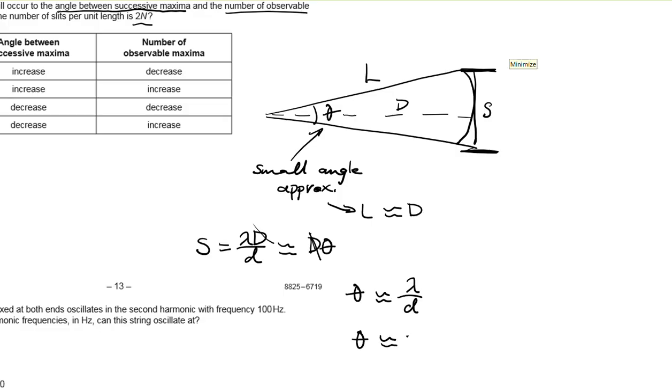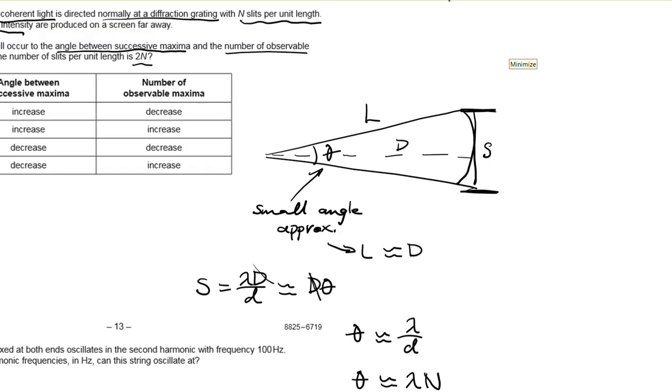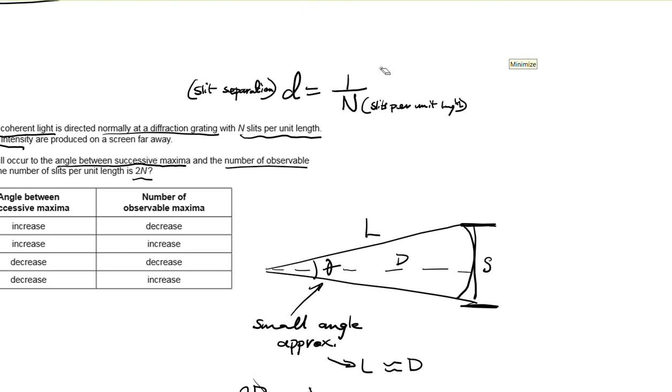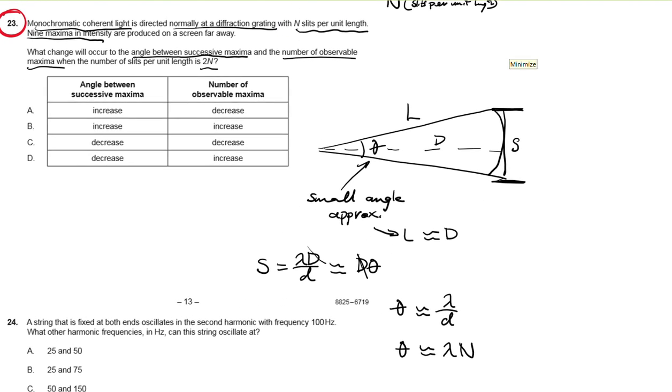Theta is thus roughly equivalent to lambda over d, which is lambda n, using this formula. Now that will give us the answer to our angle between successive maxima. If n increases, our angle must also increase. And so we have either of these.